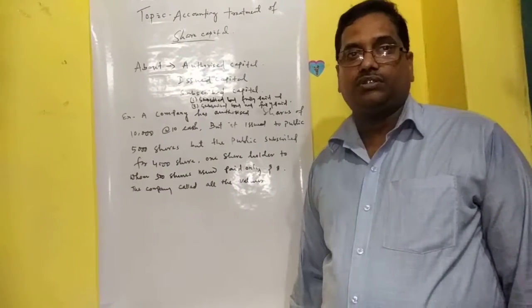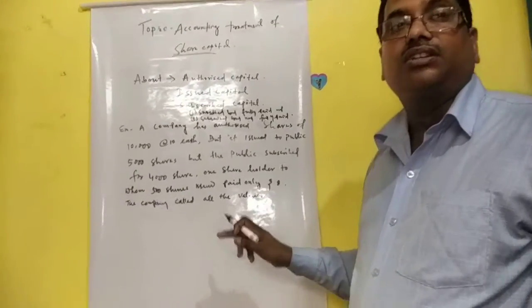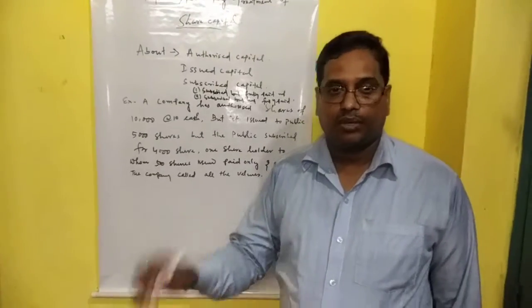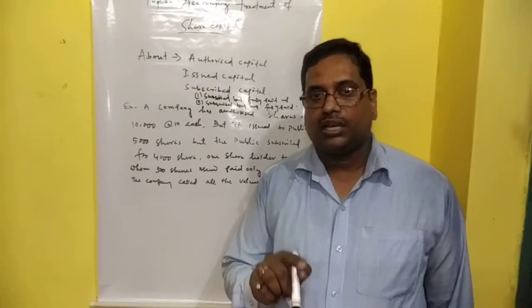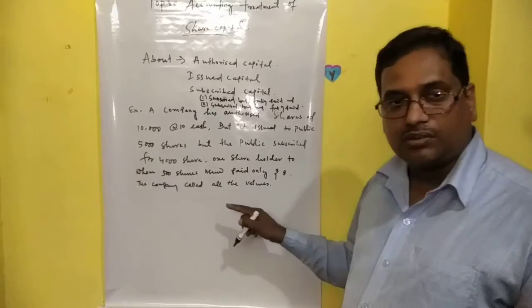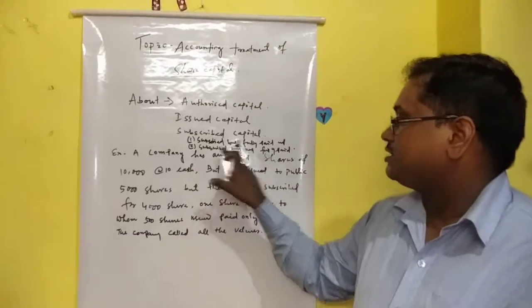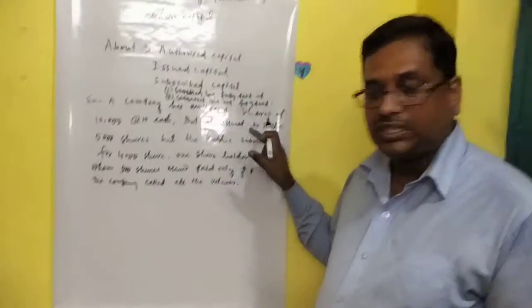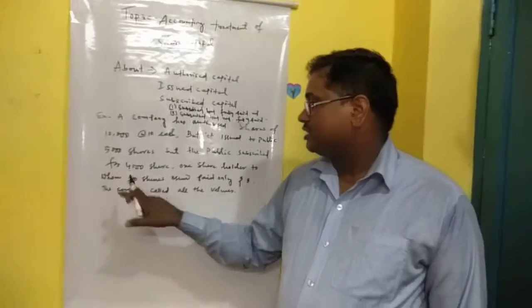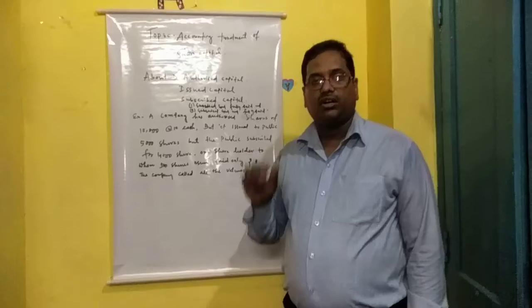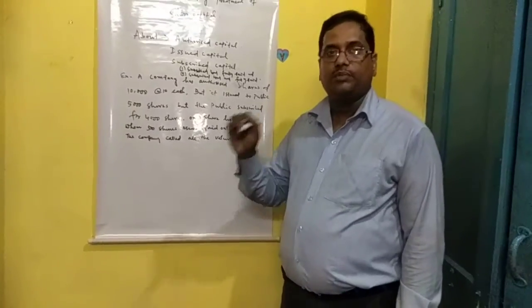Out of the 4,000, 500 shares are not fully paid up by the public. So out of 4,000, 500 shares will be recorded as subscribed but not fully paid up, and 3,500 will be called subscribed and fully paid up.